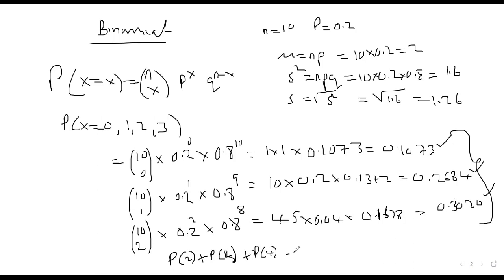So the opposite is simply 1 minus what is not listed there, the probability of 0 and 1. Then you get the answer. That's where the tricky part is.